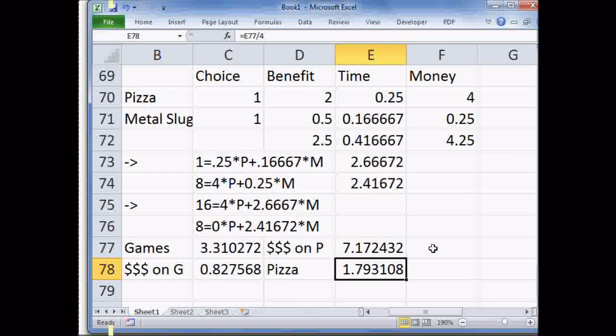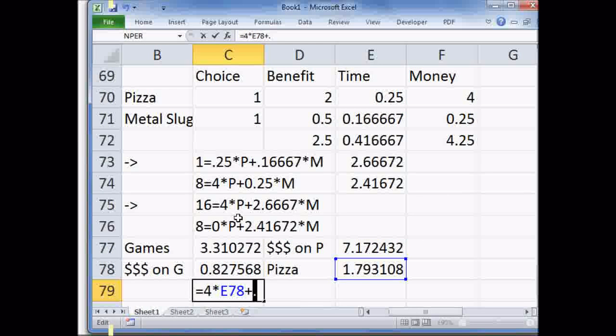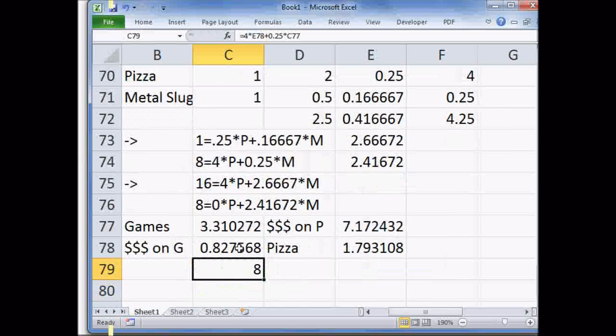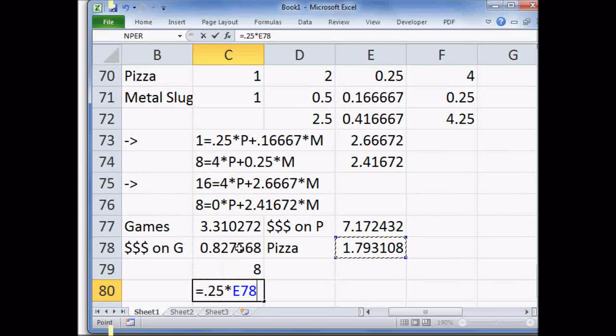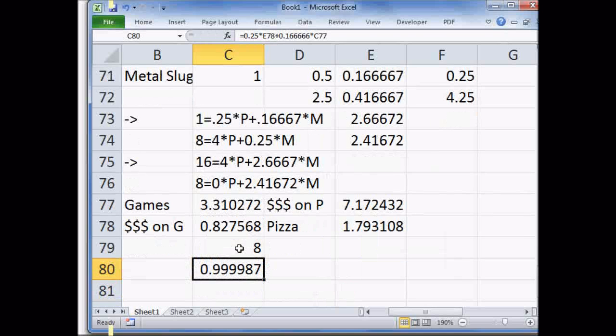So now we've got our number of pizza slices and our number of games. Right, so if we do 4 times this plus 0.25 times this, we get $8, so we spend all our money, and 0.25 times pizza plus 0.16666 times games, we use a full hour.